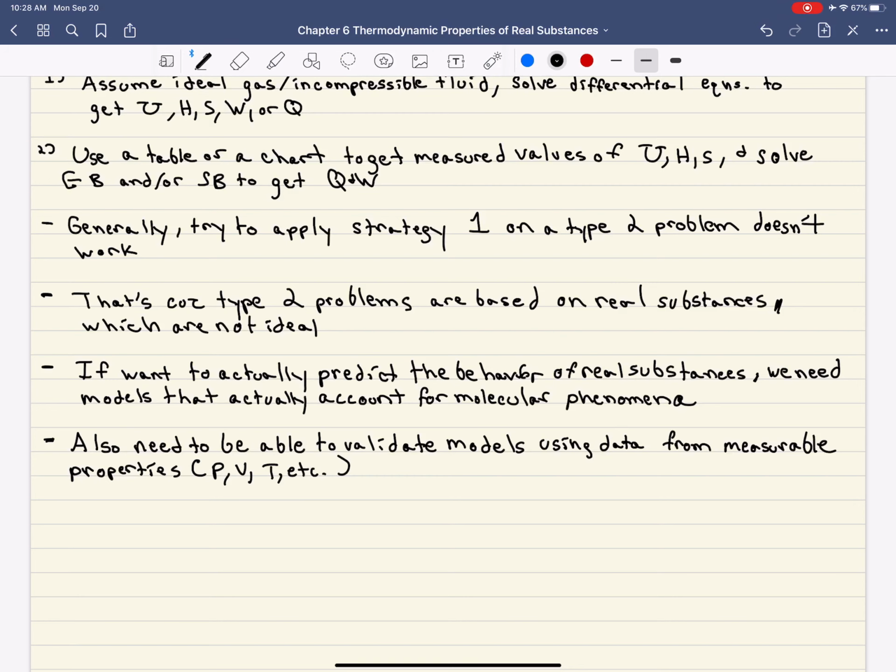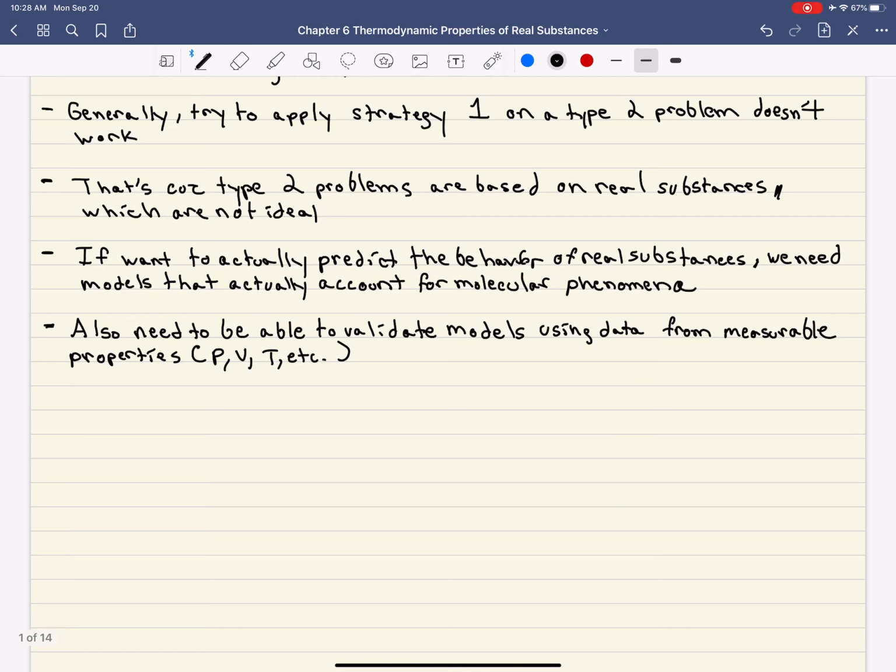Okay? All right. And so what we're going to do here in Chapter 6, in order to connect our macroscopic observations to the molecular interactions that are going on in our substances, we need to be able to develop mathematical tools that will allow us to bridge those two things together.